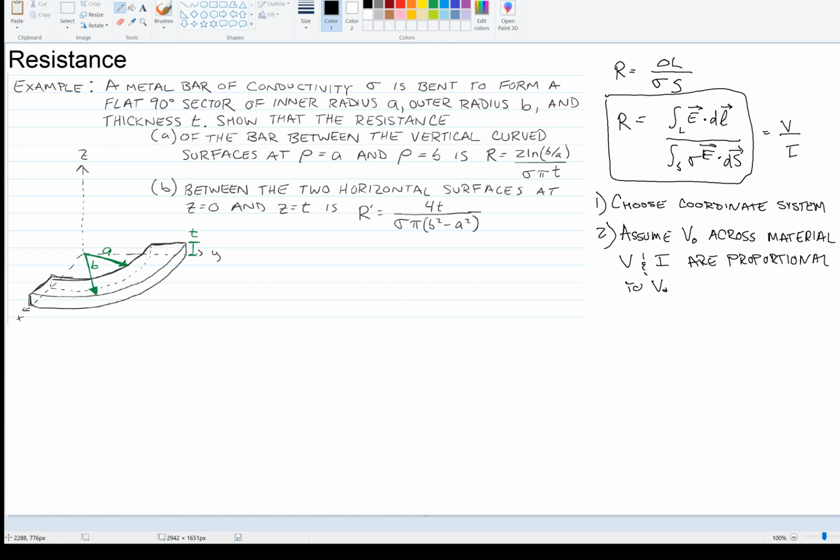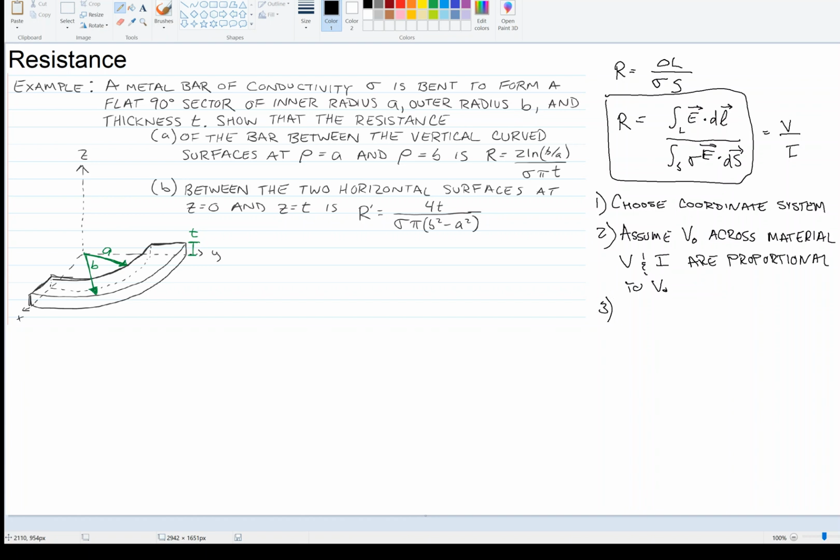So we're just going to assume the voltage across the conductor is V0, and then what you're going to find is that the numerator is going to be V0, obviously, right? That's the voltage, but the denominator will also be proportional to V0, and so the V0s will cancel. So whatever number, we're not going to assume a number, but we're just going to call it V0. Whatever we assume for that voltage will drop out in this ratio, giving us the resistance.